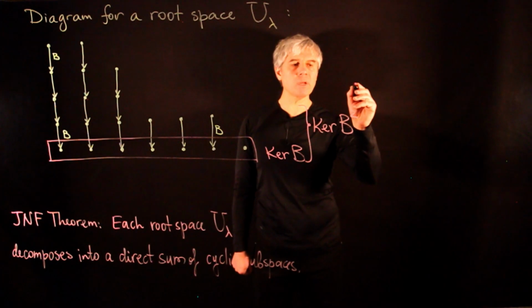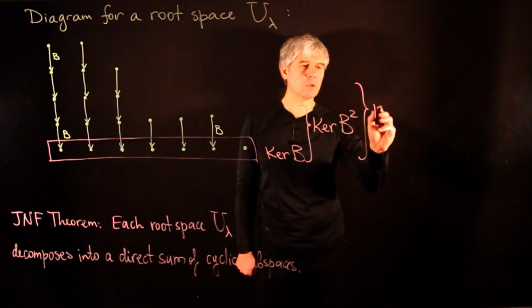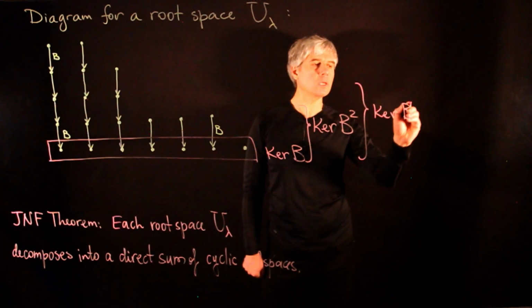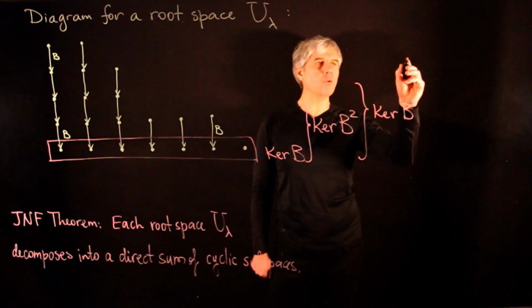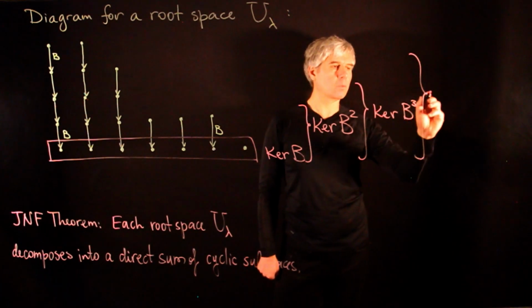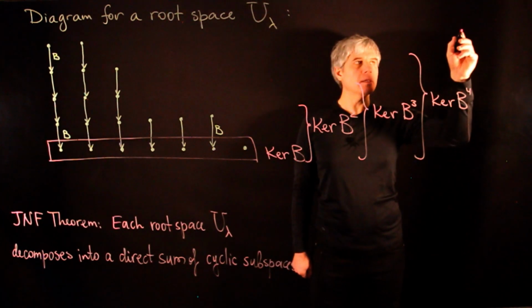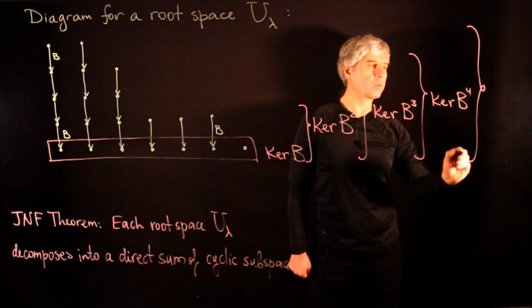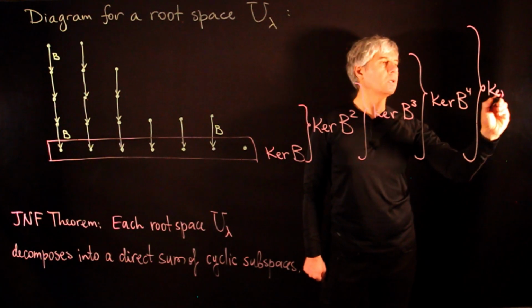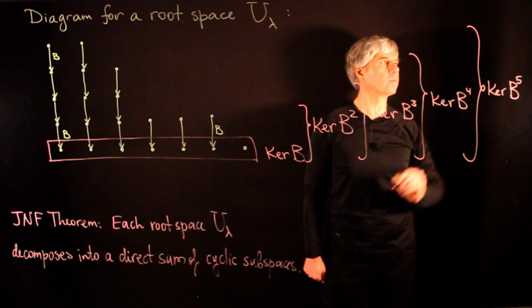Then the first 3 levels will represent the kernel of b cubed. The first 4 levels will be the kernel of b to the power 4, and in this case the whole space will be the kernel of b to the power 5.